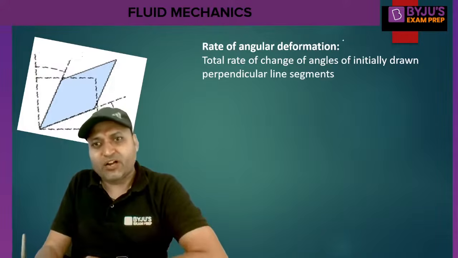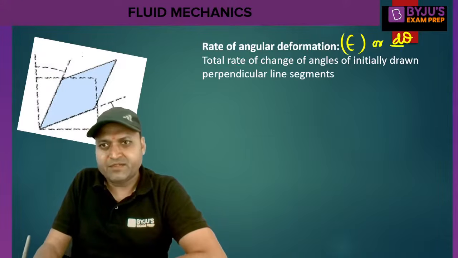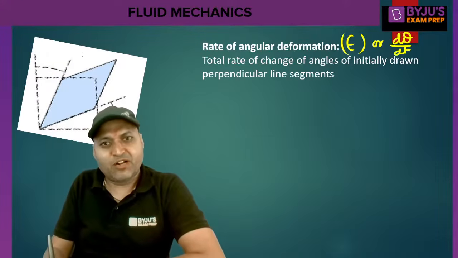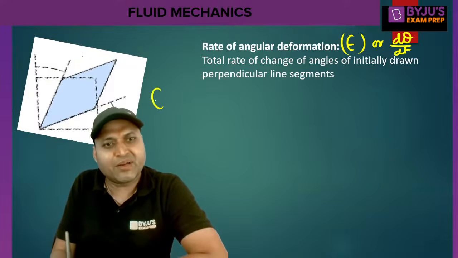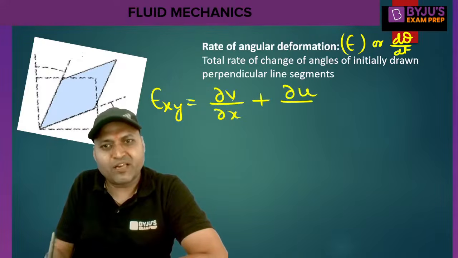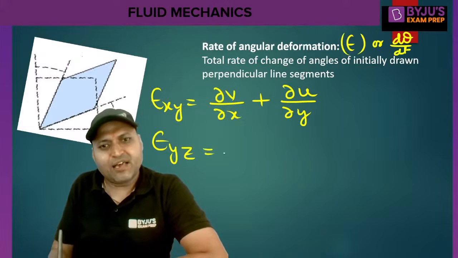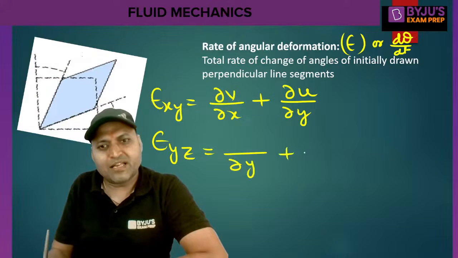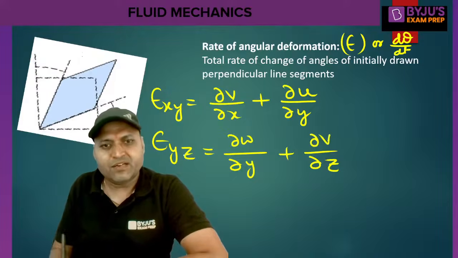Another term is rate of angular deformation, epsilon, or d theta by dt. The rate of angular deformation is the total rate of change of angles of initially drawn perpendicular line segments. In the xy plane, epsilon xy is del v by del x plus del u by del y, or epsilon yz is equal to del w by del y plus del v by del z.